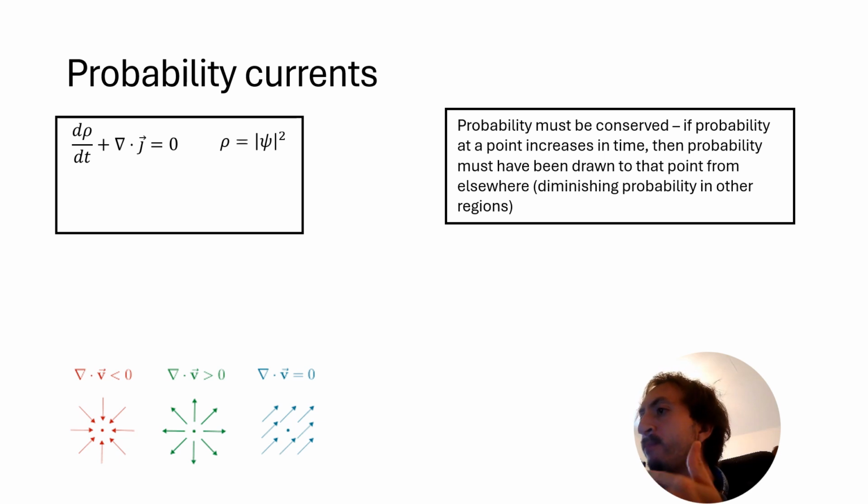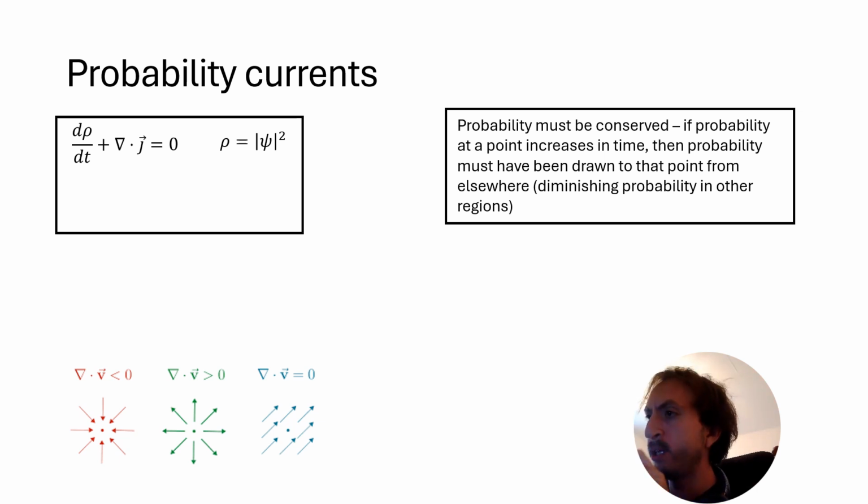And you can mathematically formalise this by saying the rate of change of the charge density in a particular region of our charge paper has to equal minus the divergence of the electric current in that region of the charge paper.